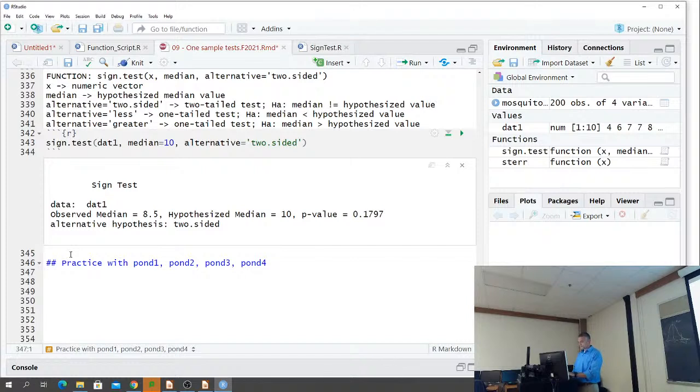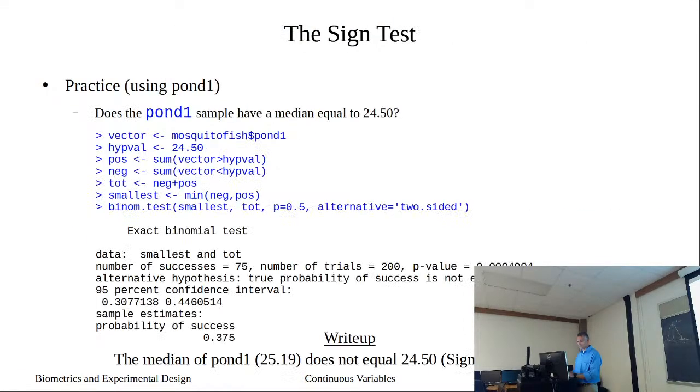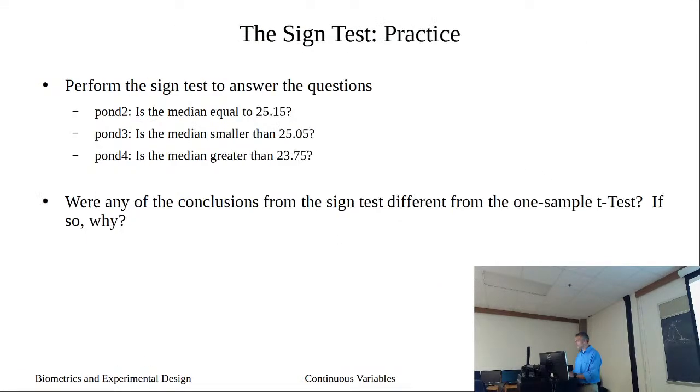All right. So we're going to practice with pond 1, and then I'll let you guys do pond 2, pond 3, and pond 4. All right, so is the median length of pond 1 equal to, I think we're using the same values, 24.5.